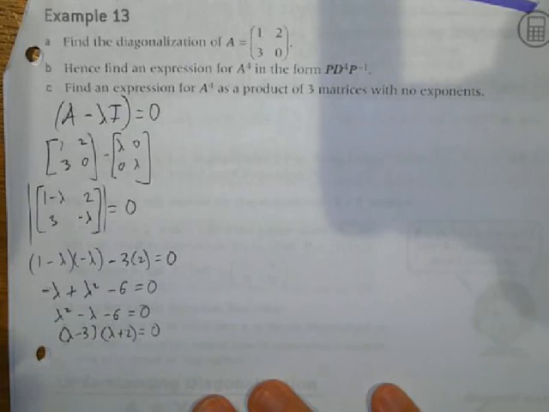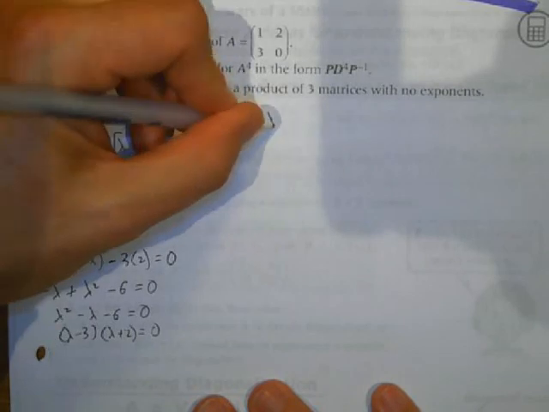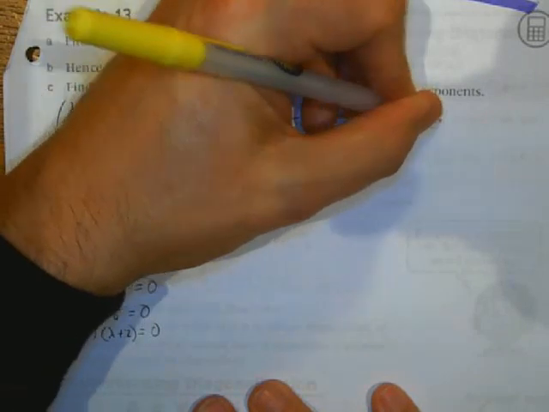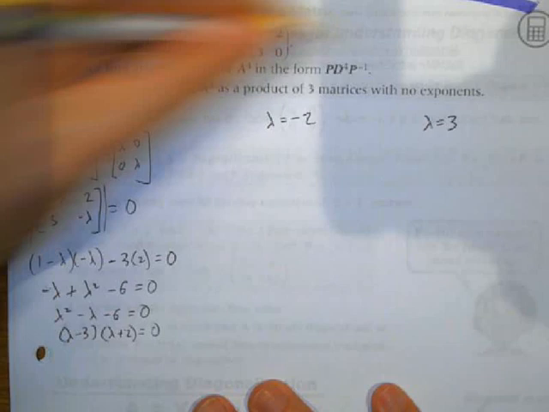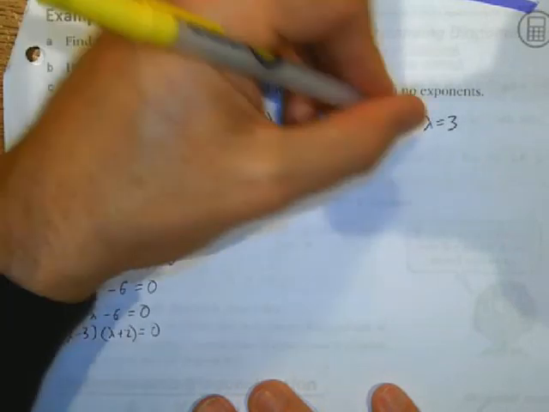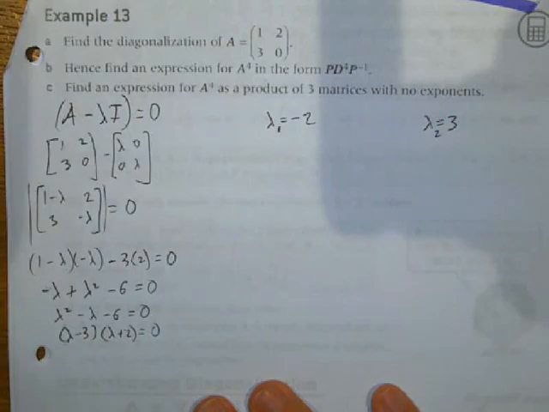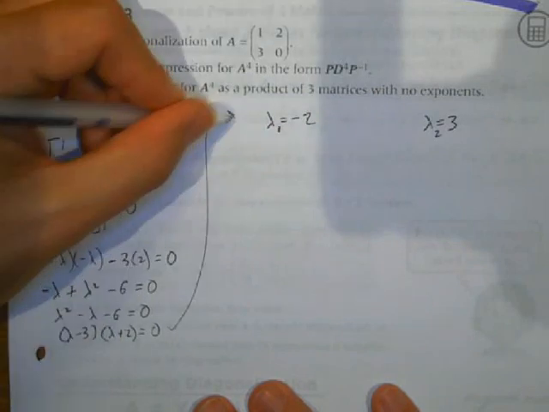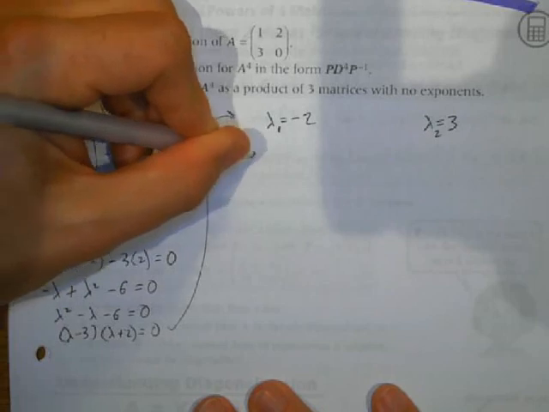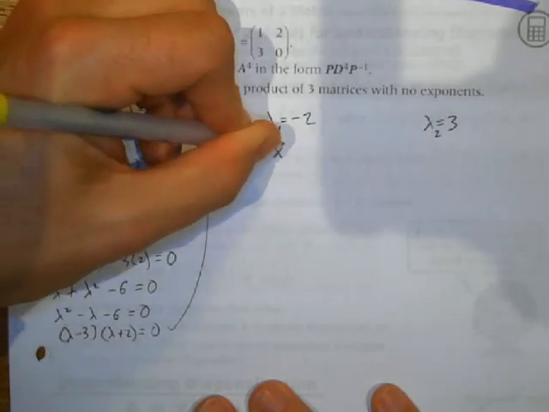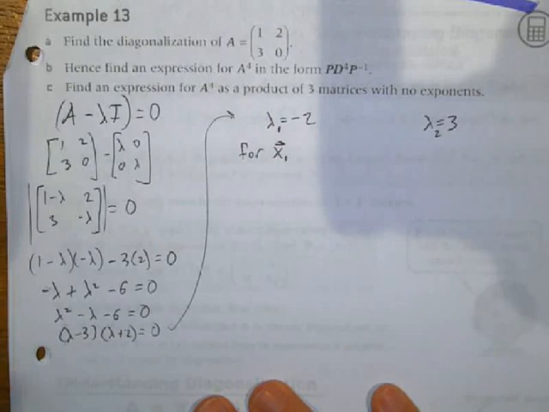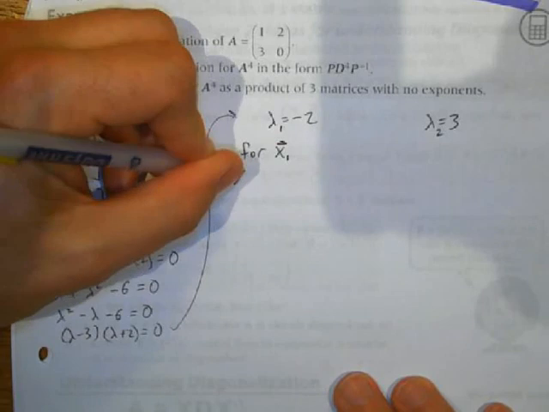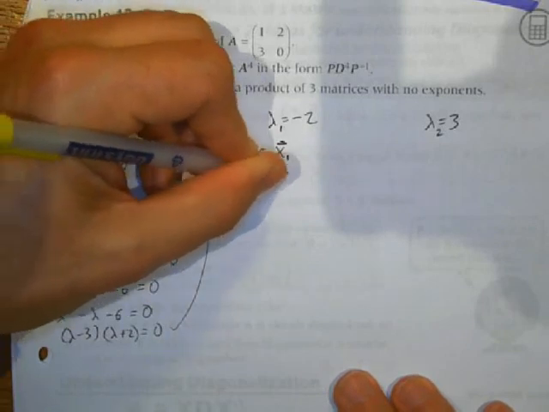Okay, so now I know that lambda equals negative 2, and I know that lambda equals 3. I'm going to call this one lambda 1 and this one lambda 2. Okay, so for eigenvector 1, I'm going to replace the lambda with negative 2, so I've got minus negative 2I.